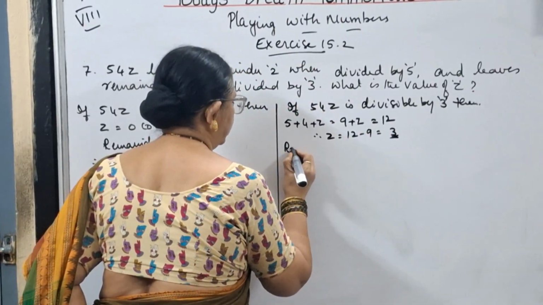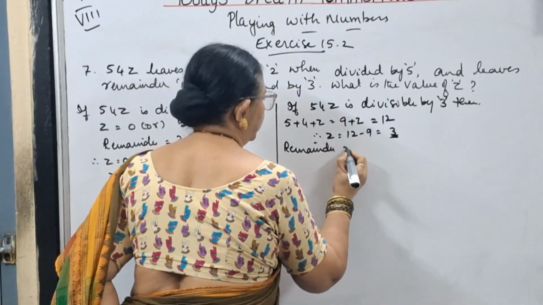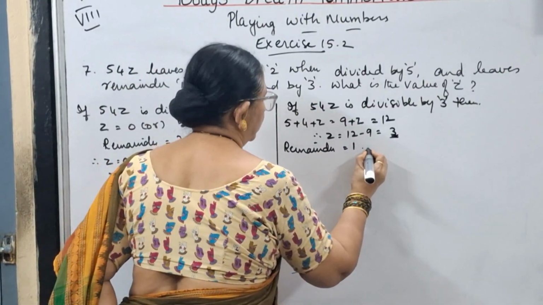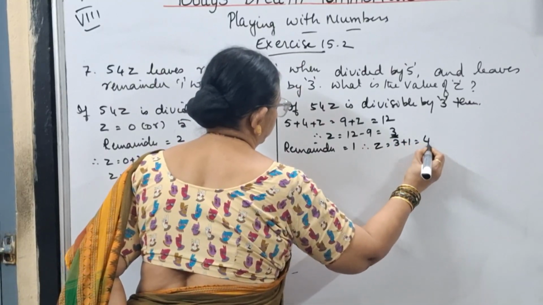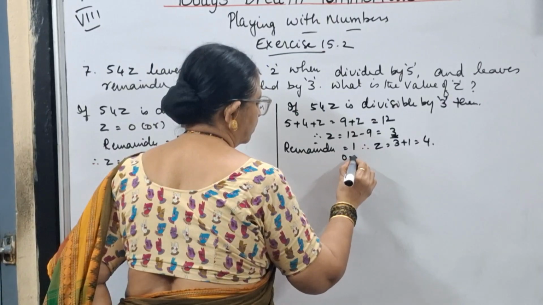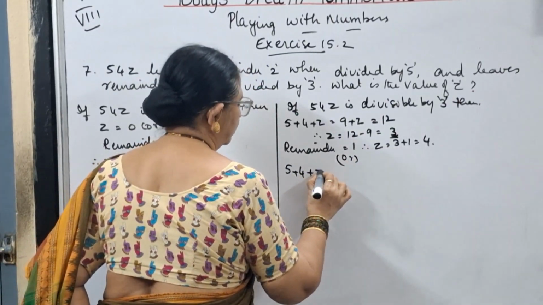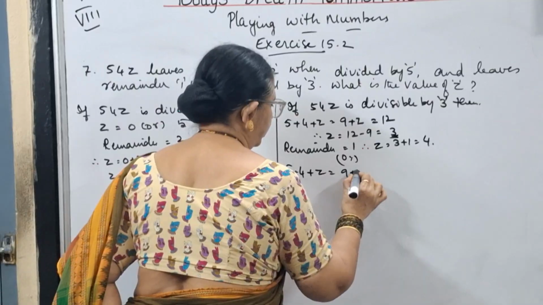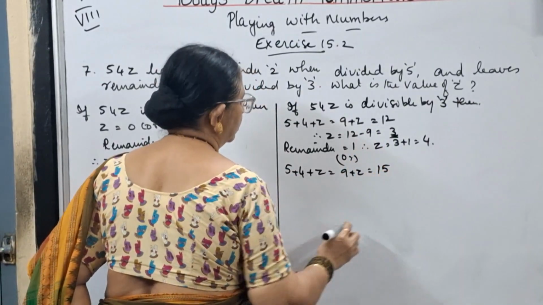And what is the remainder? Remainder is equal to 1. Therefore, z should be equal to 3 plus 1, 4. This is one case. Or 5 plus 4 plus z is equal to 9 plus z is equal to, after 12 we have 15.